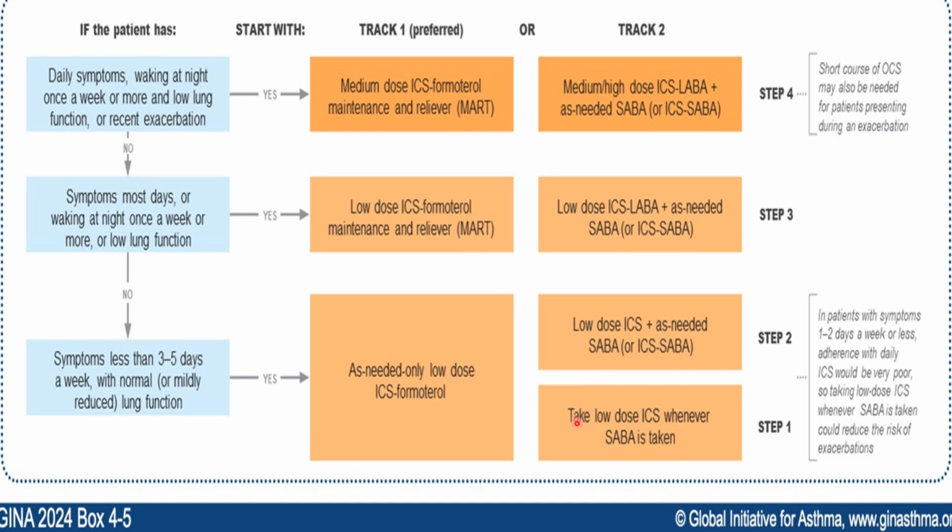And then for step 1, you use low dose ICS whenever you take SABA. So step 1 is that patient who is mildly asthmatic, while this one is more of intermediate or moderate asthmatic. So you use low dose ICS for maintenance and as-needed SABA for reliever. This one you just use ICS plus SABA, just low dose, as a reliever.